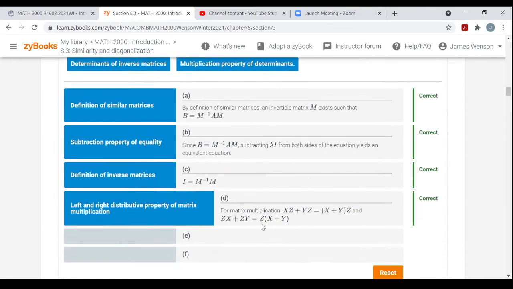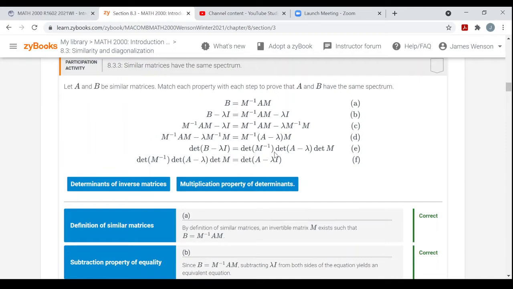And then finally, the determinant of M inverse times the determinant of M should be 1, right? The determinants of inverse matrices will be the last reasoning why those are gotten rid of. So you can see after all said and done here, the determinant of B minus lambda I is exactly the same as the determinant of A minus lambda I when A and B are similar.